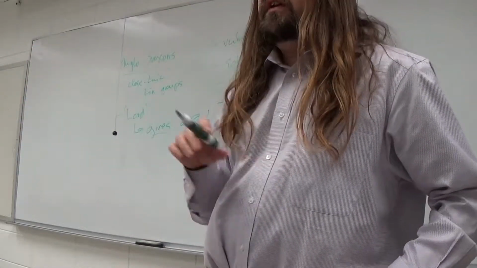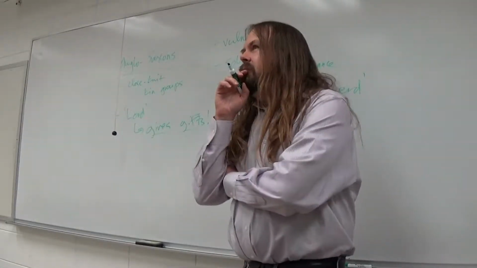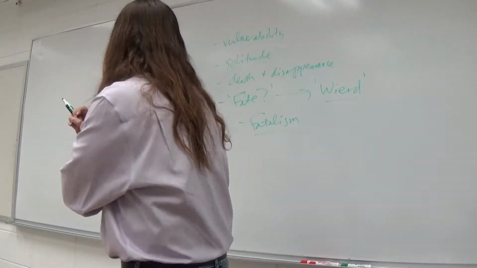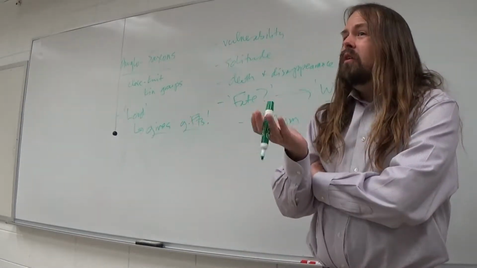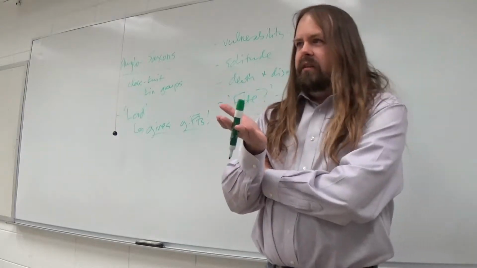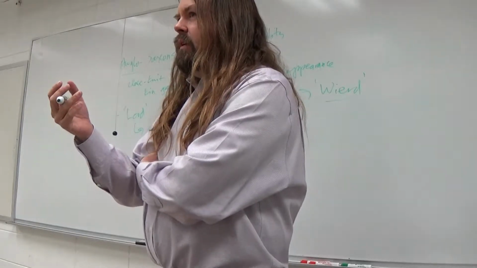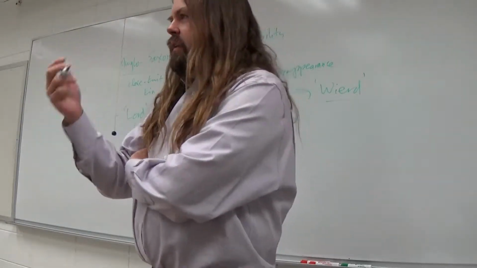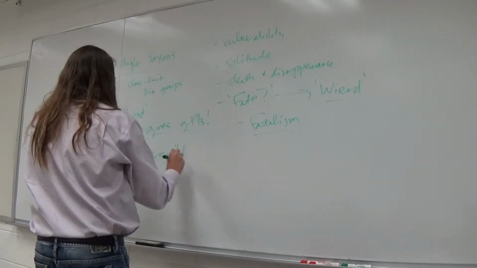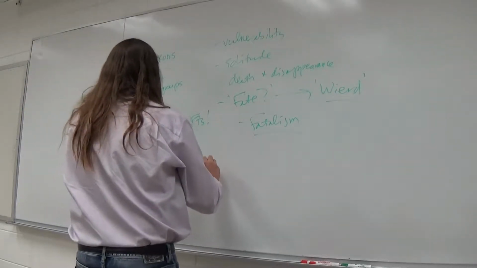Now, here's the thing that makes this difficult. We're talking about a culture in which murder was essentially legal as long as you could pay for it, right? Raiding was essentially legal as long as you could pay for it. If you killed somebody, you had to pay their relatives what was called weregild, W-E-R-E-G-I-L-D, which translates literally to man price.